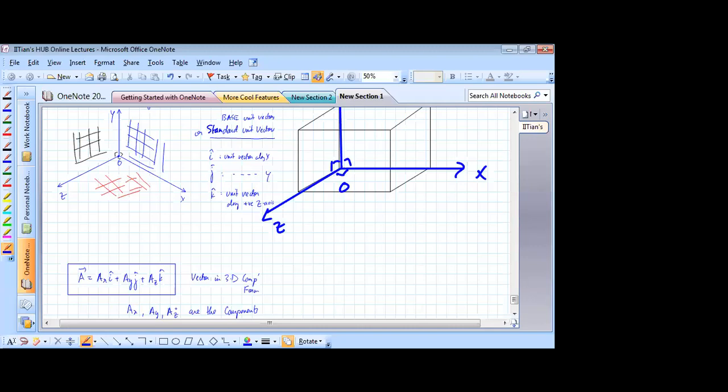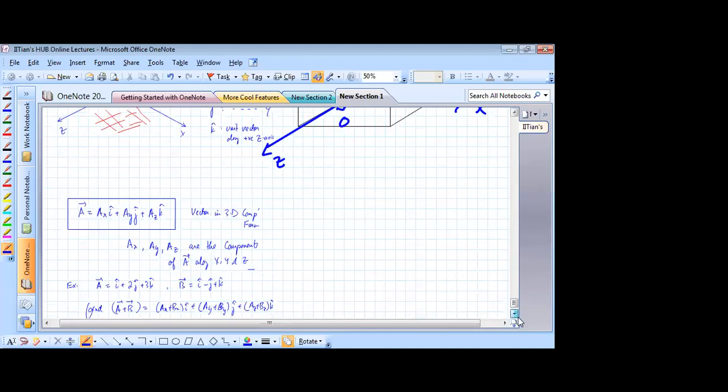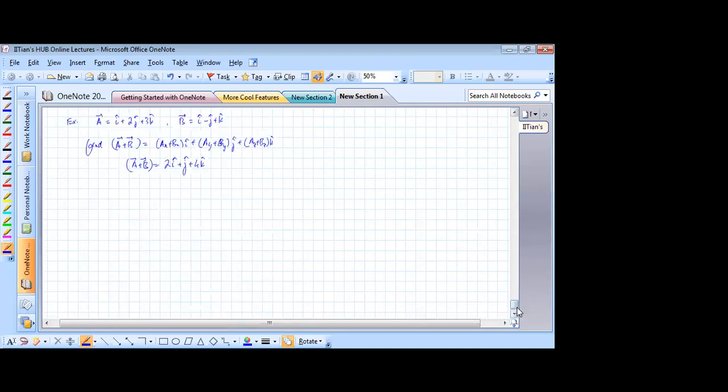So you cannot compare two three-dimensional vectors by drawing them geometrically. That's why the component algebra becomes necessary. Okay. So just note down this example.